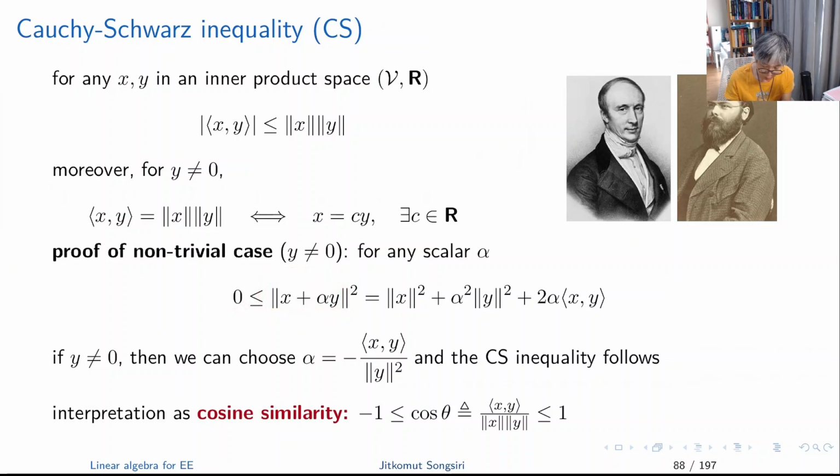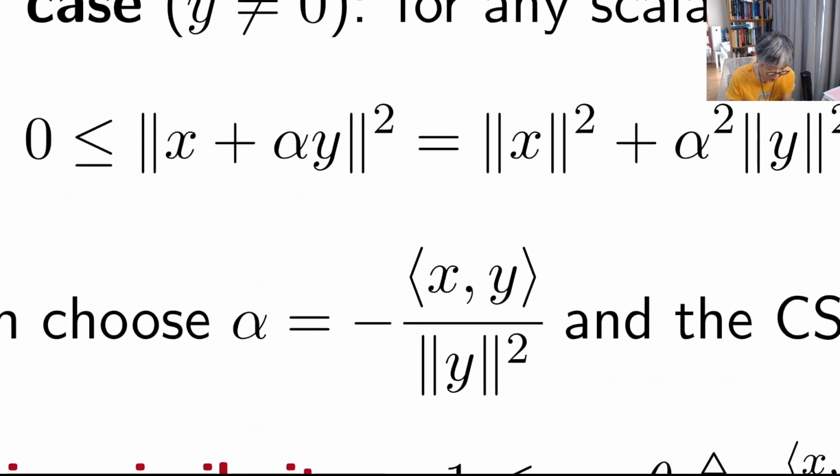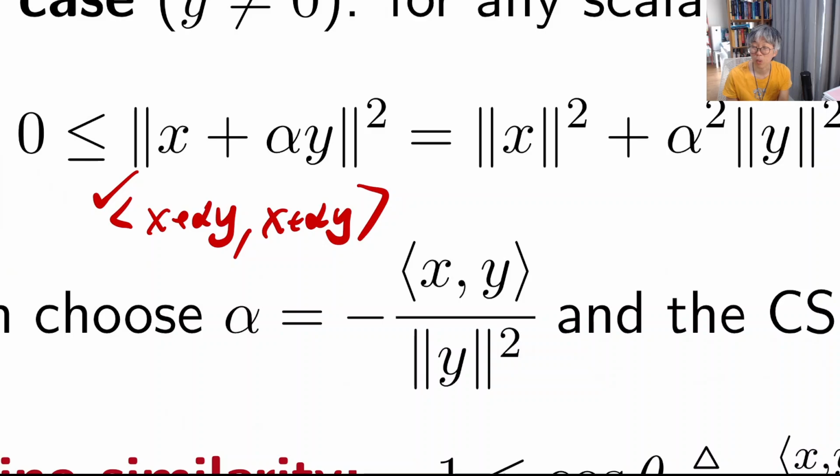We know that the norm square is induced from some inner product, so we write this as the inner product of x plus alpha y with itself.